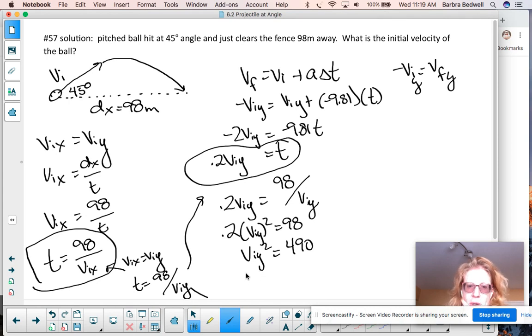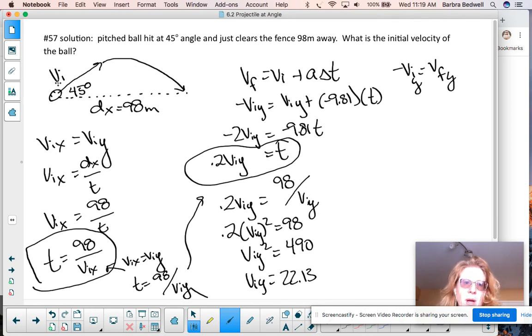And then I take the square root. I get VIY equals 22.13. So again, I divide both sides by 0.2. 98 divided by 0.2 is 490. And then because this is VIY squared, I just took the square root of it and got 22.13. Okay, this still isn't our VI.